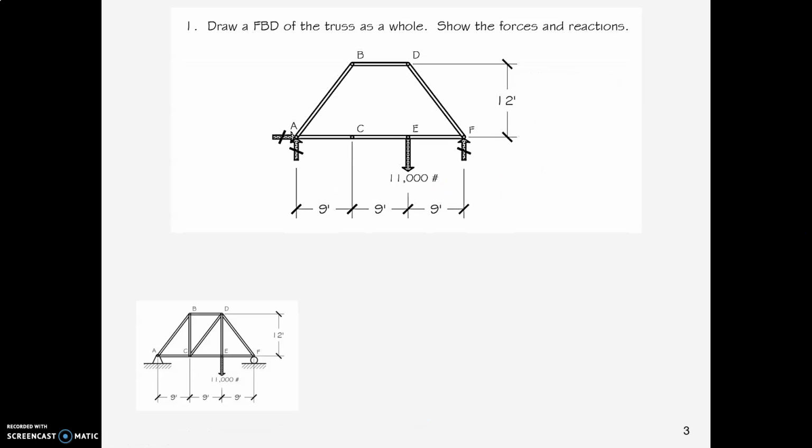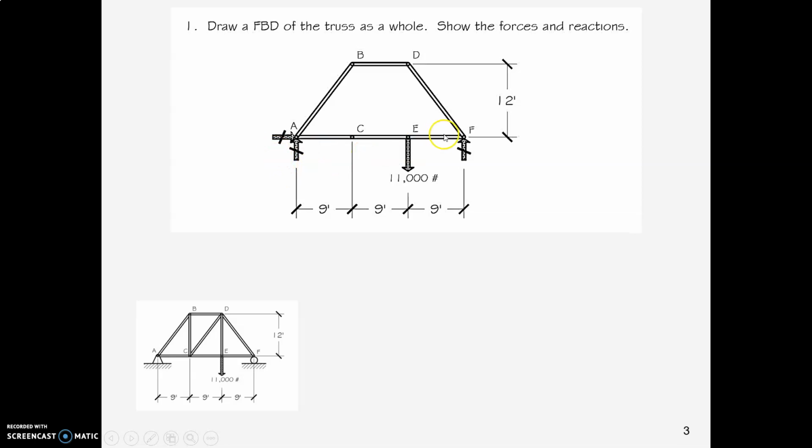So step one, we're going to draw a free body diagram of the truss as a whole. Here in the bottom corner is the original truss with all its bars inside. For the truss as a whole, we can ignore those bars inside. We're just going to draw a trapezoid-shaped beam. That's all.